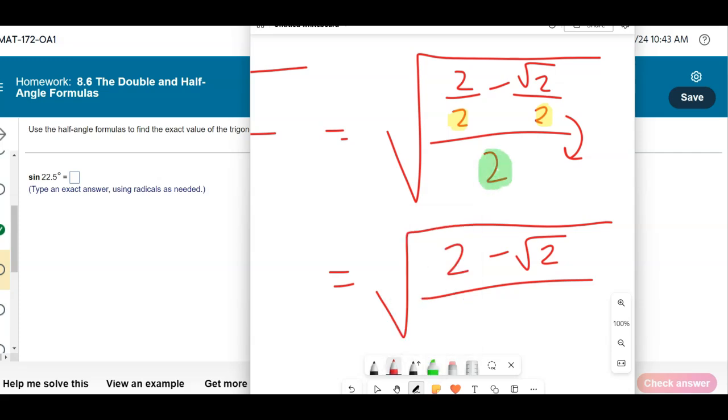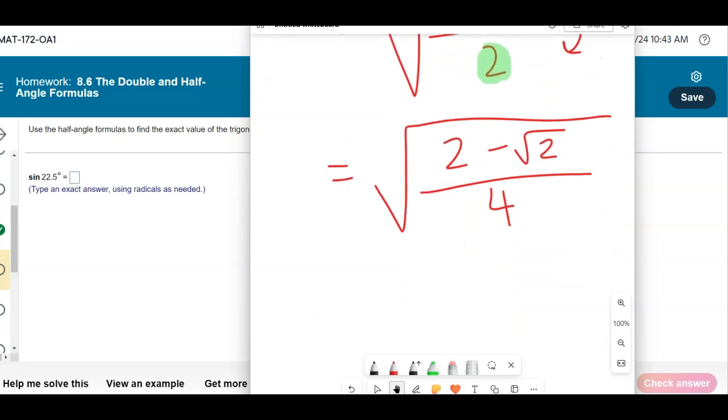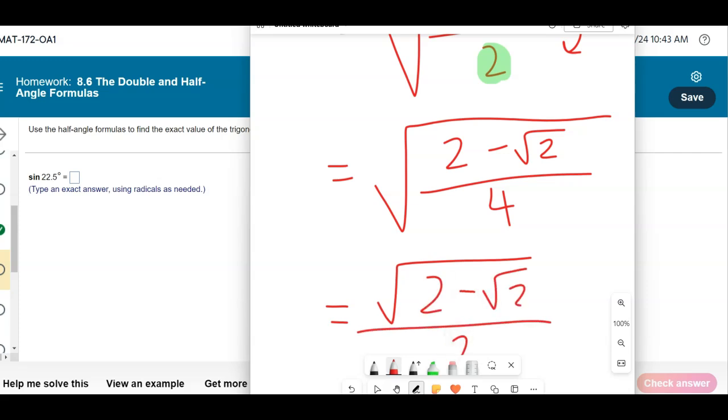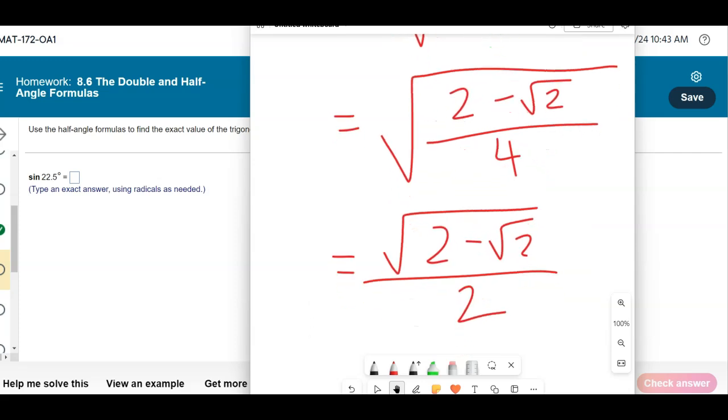Okay, so the yellow 2's that are common denominators and the green 2, those combined to a 4. And then the square root of 4 is a perfect square, so we bring it out of the radical. We leave the 2 minus the square root of 2 under the radical. And that's going to be the form of our final answer.